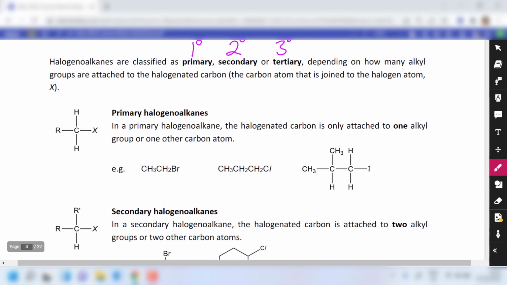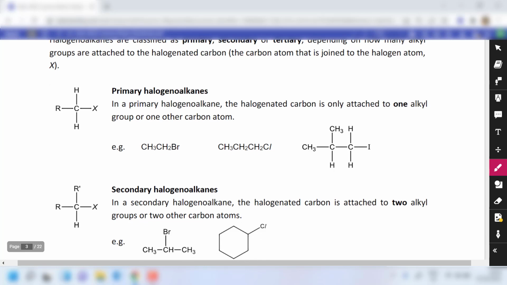Yeah, how do we determine whether a center in a halogen derivative is primary, secondary, or tertiary? Yeah, so that is actually quite straightforward. There are 2 ways to look at it. The first way is simply to look at the number of alkyl groups bonded to the said carbon.